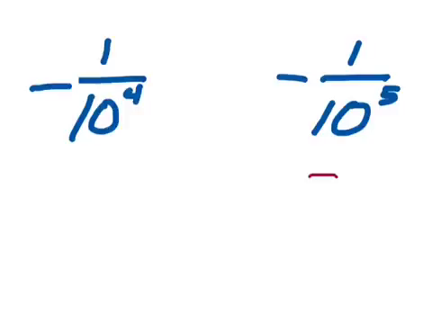Negative 10 to the fourth power is 0.0010, I believe.